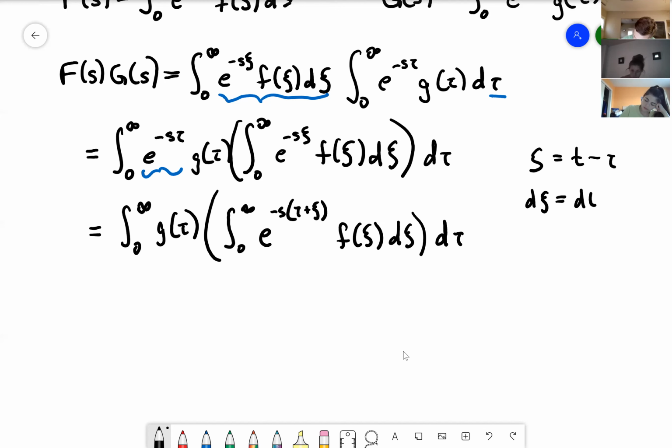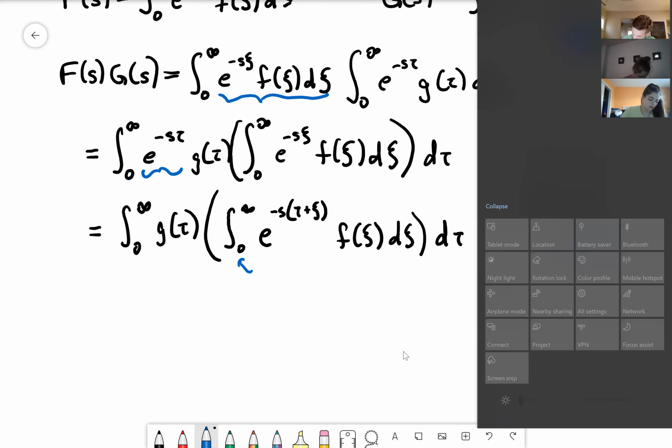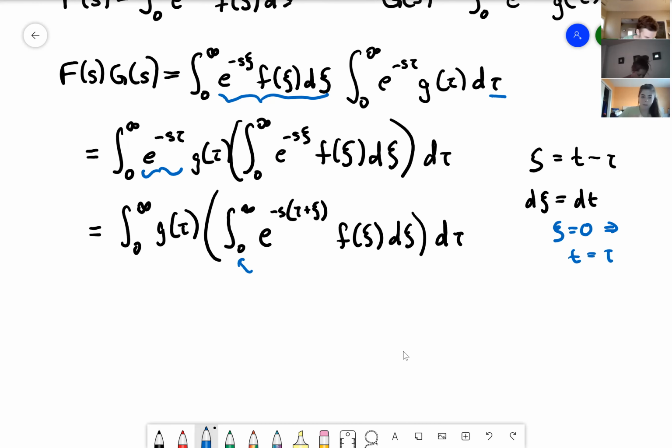So that's the one that we want. Now, when c is 0, that means that t is equal to tau. And when c is equal to infinity, this implies that t is also equal to infinity.